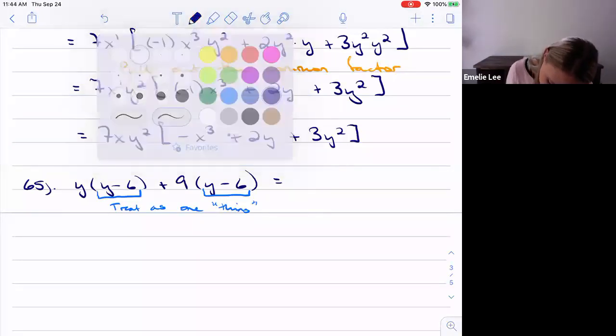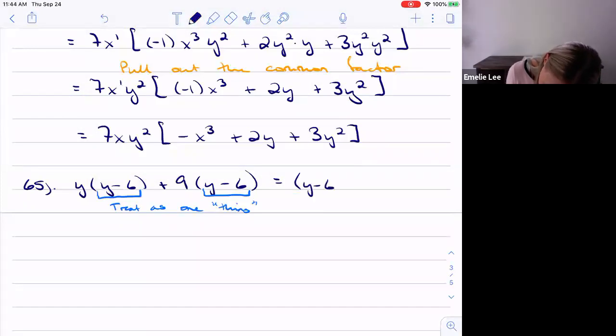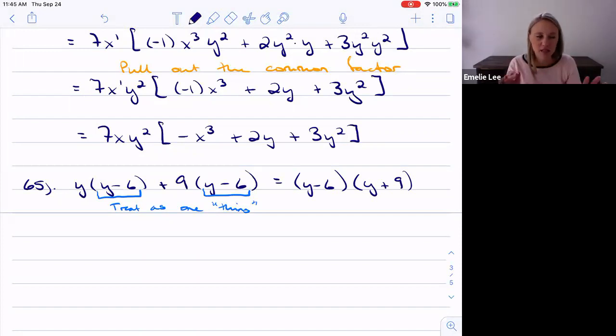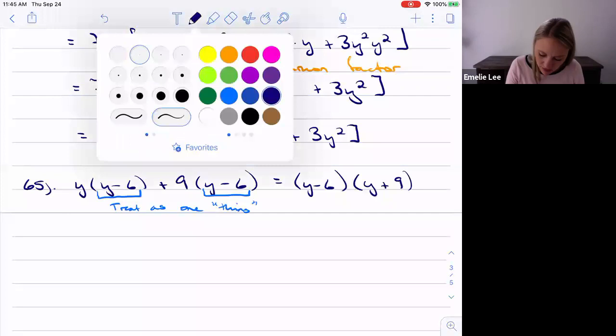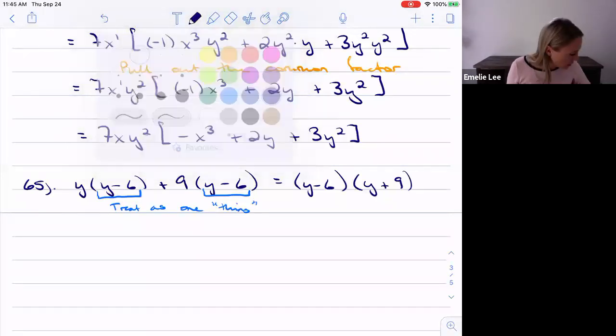So what I'm going to do is I'm going to have y minus 6, but then y minus 6 is going to multiply y plus 9. So it's definitely weird, but just treat it as one thing. That's going to be the ticket. So you want to scan and see if you can kind of lump things together.